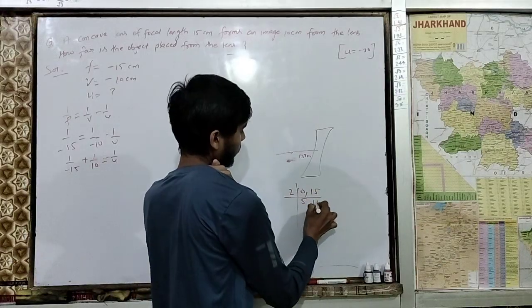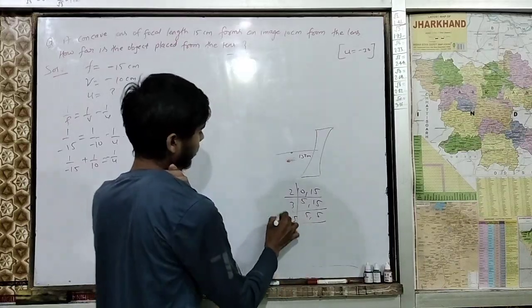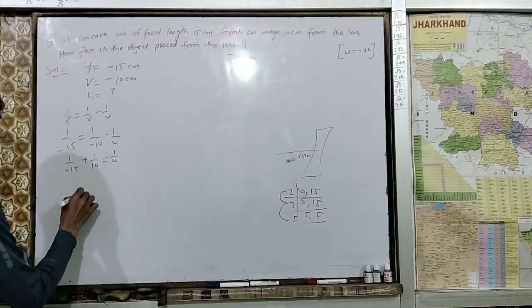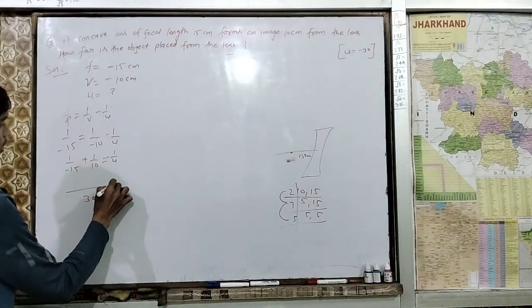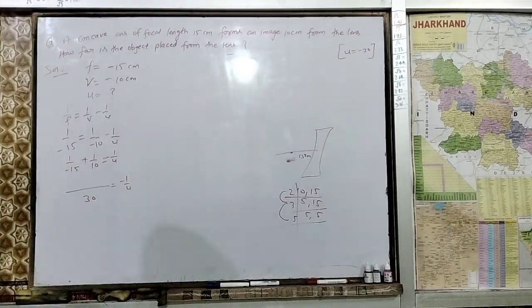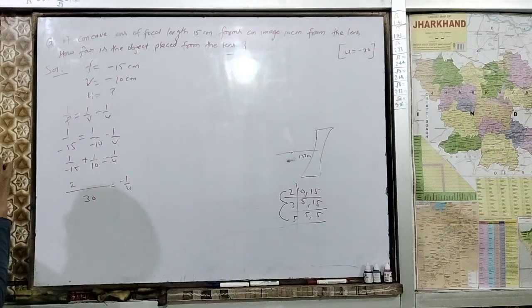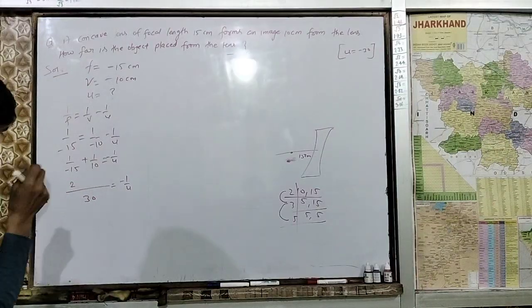Now 10, 15. 5 threes are 15, 15 twos are 30. 30. Minus 1 upon u. So 15 twos are 30.